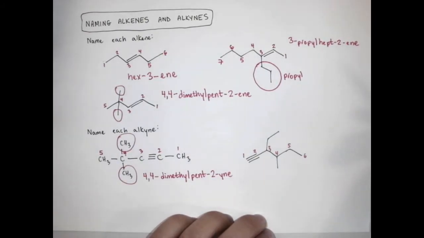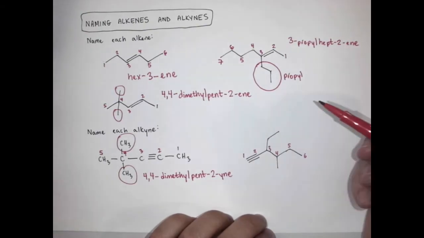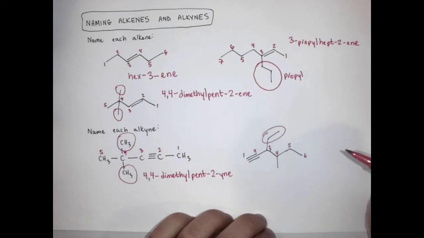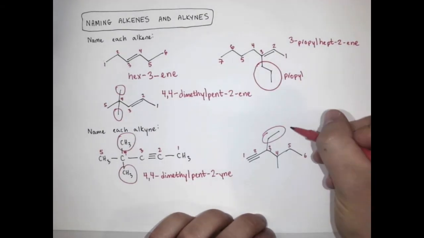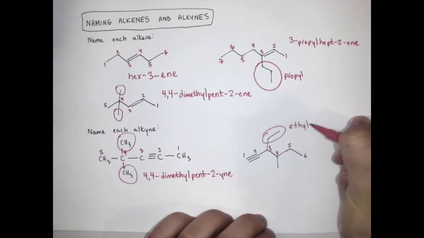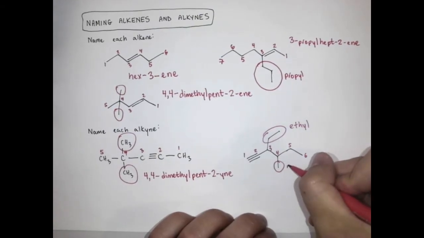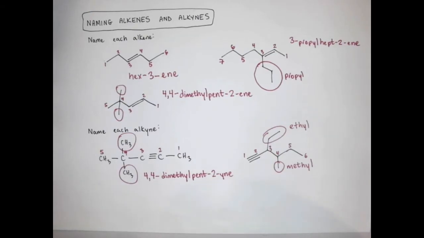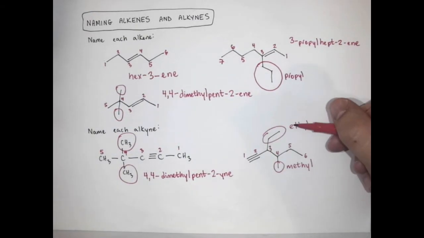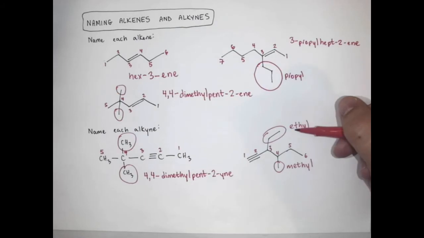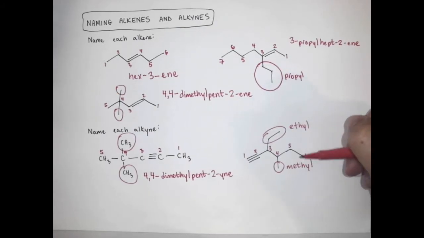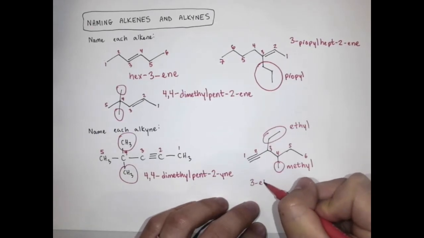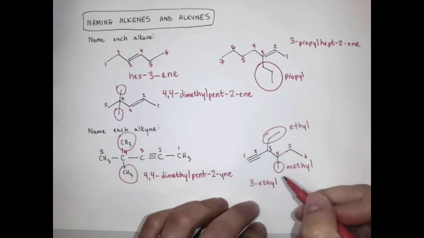Now we just have to deal with our branches. So off of carbon 3, I have an ethyl group. And off of carbon 4, I have a methyl group. So let's put it all together. Ethyl starts with an E, and E comes before M. So that means ethyl is going to come first. So we're going to write 3-ethyl hyphen.